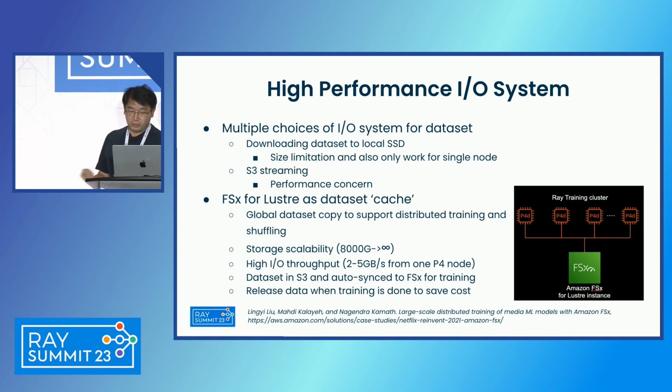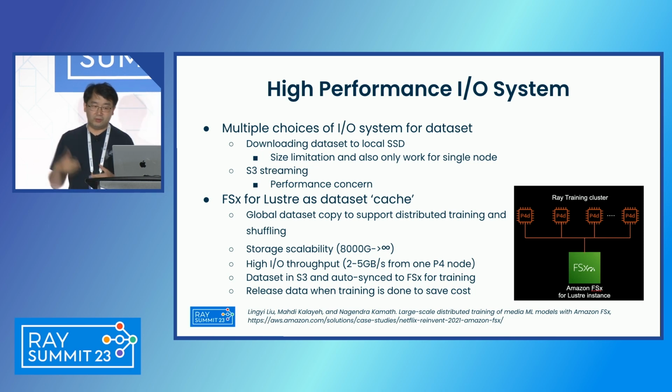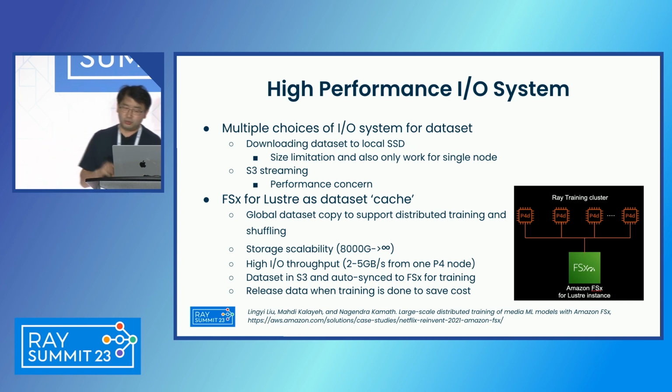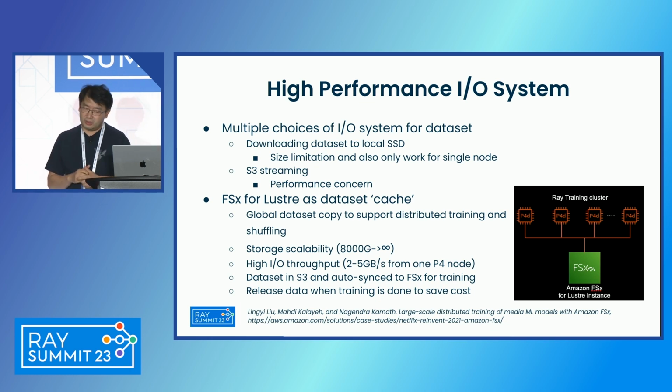It also has no storage scalability limit, as you can apply for unlimited space from AWS. Another benefit is the higher I/O throughput. According to our profiling, for each P4 node with A100 GPUs, we need around 2 to 5 gigabytes per second to saturate the GPUs. This is really a challenge for a lot of file systems.